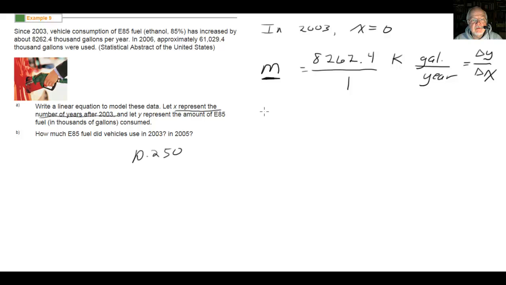So we know one thing, we have a slope. And we have a couple of formulas we can use that have slope in them, but let's see what else we've got. In 2006, what happened? Well, 61,029.4 thousand gallons were used.